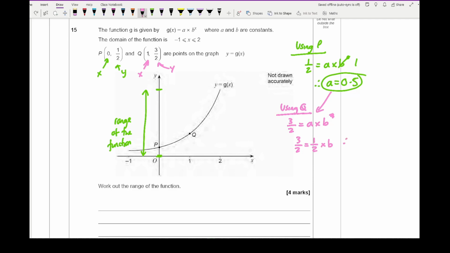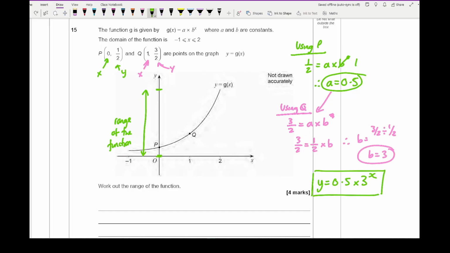To work out b, it's going to be 3 over 2 divided by 1 over 2, and if I type that into my calculator, I get a b value of 3. Now that I've got my values of a and b, I can work out the equation of the line. So y equals 0.5 multiplied by 3 to the power of x, and that is the equation of the line.